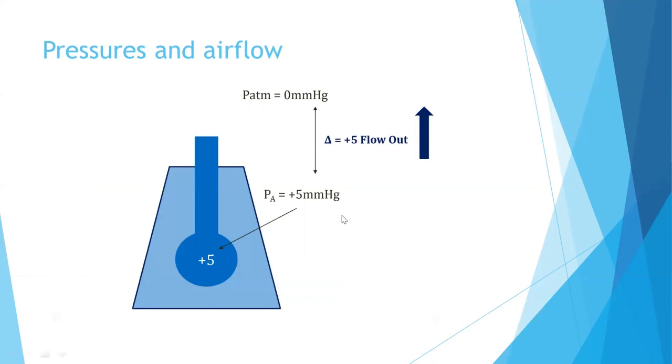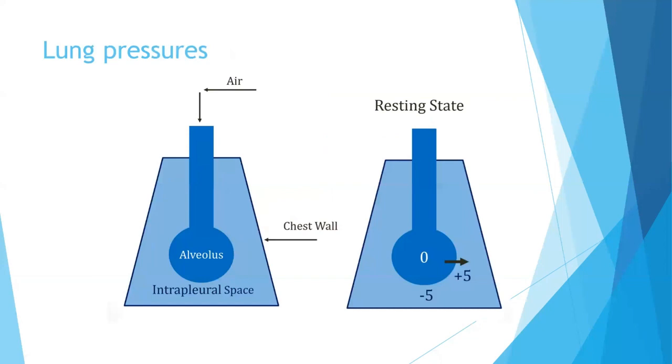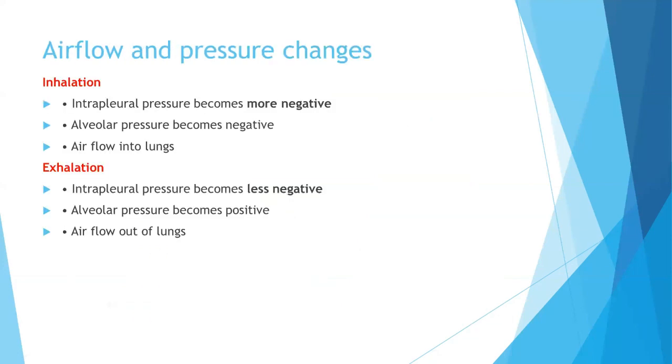Atmospheric pressure is 0 millimeters of mercury. For example, the alveolar pressure is +5, and whenever the air flows out, there is a change of the +5 pressure. While inflation, again the air goes in, and again there is a balance between the negative and positive pressures, and that's how there is expansion, inflation and deflation of the chest cavity.